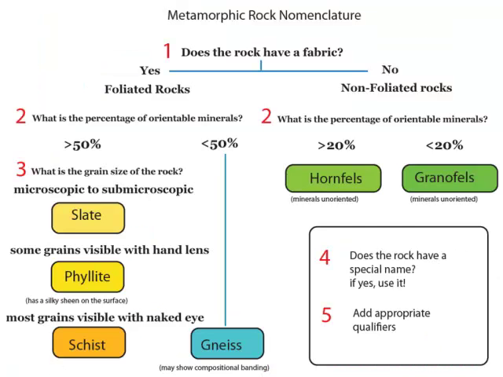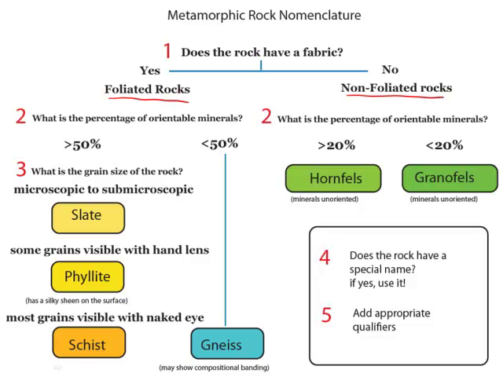Okay, moving on to metamorphic rocks. Again, we have discussed the scheme of classification in the audio lecture posted on Blackboard. In general, we can classify metamorphic rocks into two broad types. Those that exhibit a foliation are foliated rocks, and those that do not exhibit any foliation are non-foliated rocks.